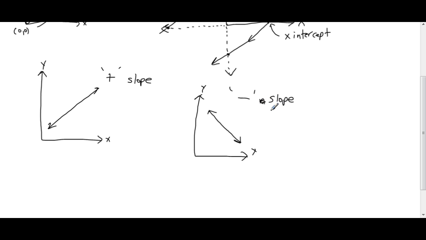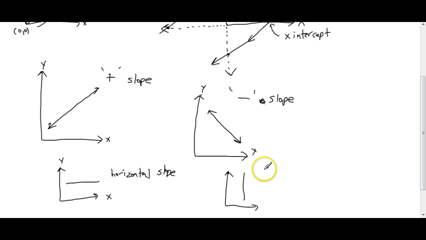We also have two other situations that we could have. What happens if I have a line that runs perfectly horizontal with the x-axis? Well, we just call that a horizontal line. It has a horizontal slope. Okay. And we could have another situation where we have a line that is perfectly vertical.